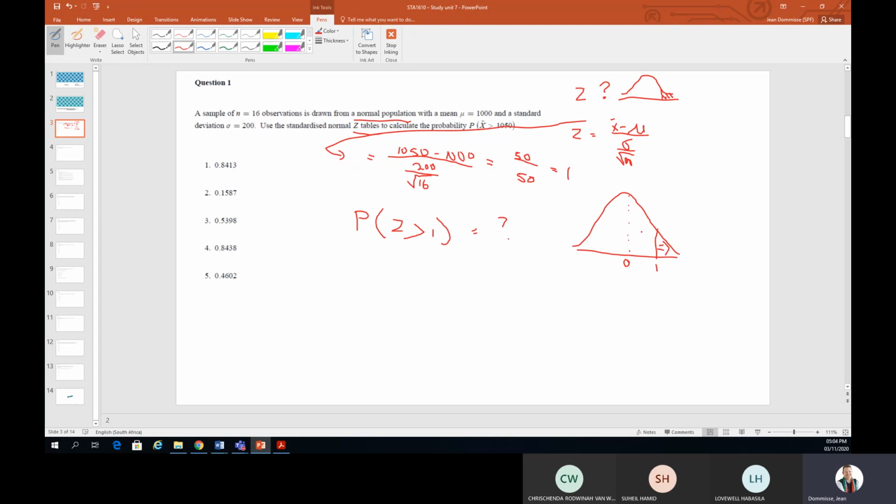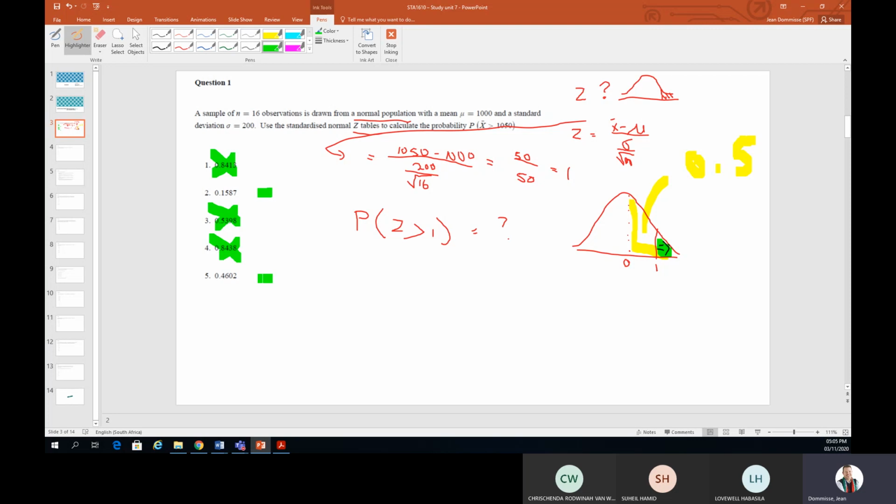Now I know that if this yellow part is 0.5, the part that I'm looking for, the green part, will be smaller than 0.5. So I know that can't be an answer, that can't be an answer, and that can't be the answer. Then I'm sitting with one of two that I need to work with.